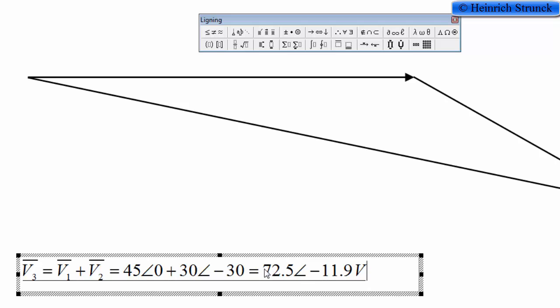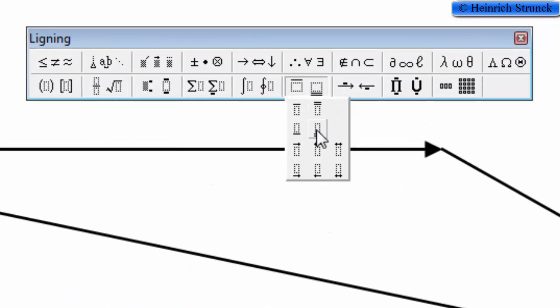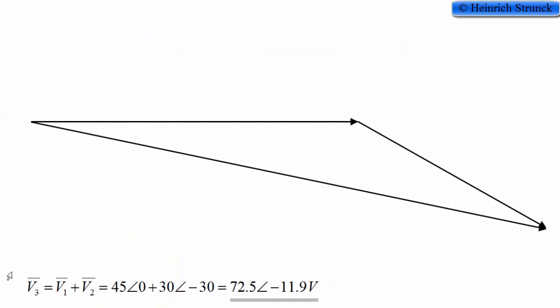Since that is a result, we can make a double line under it right here, and now we have the documentation of how we calculate the sum of these two vectors and get a result.